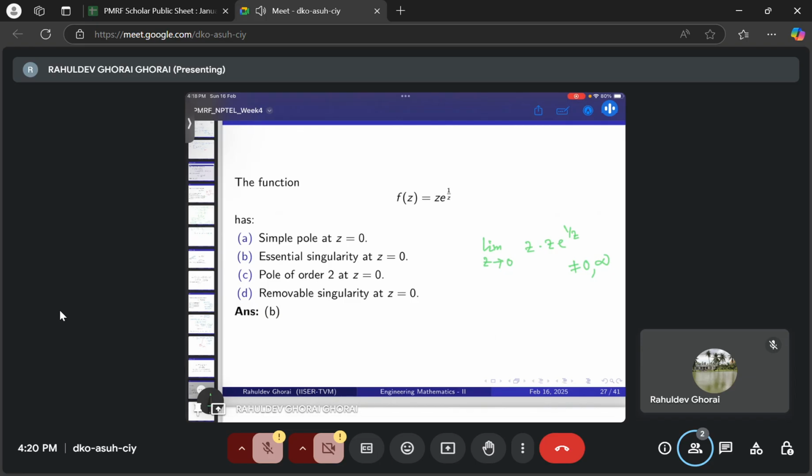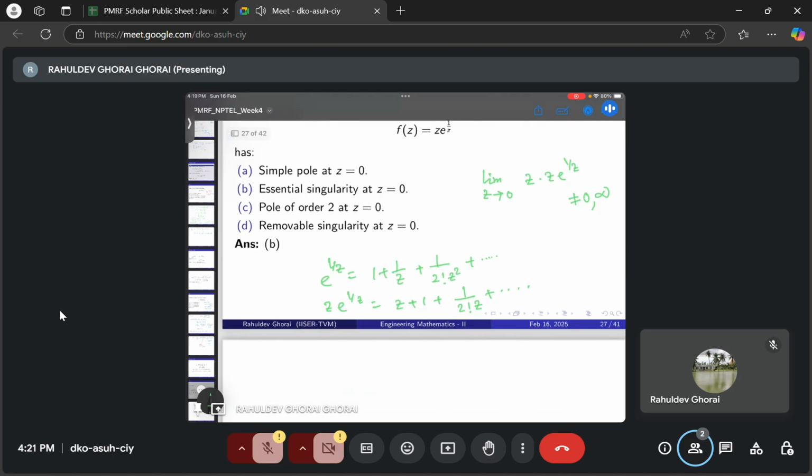So how do we do this? e to the power 1 by z will be 1 plus 1 by z plus 1 over 2 factorial z square, and so on. So z times e to the power 1 by z, just multiply that, will be z plus 1 plus 1 by 2 factorial z, and so on, right?